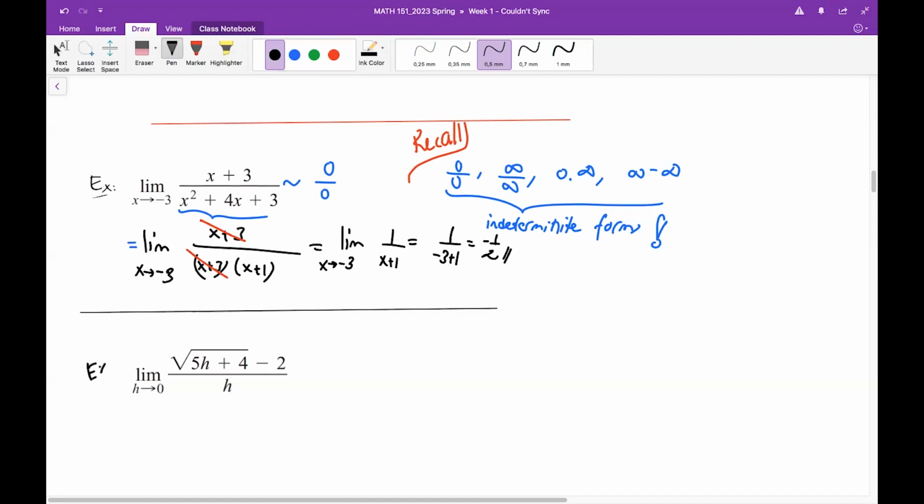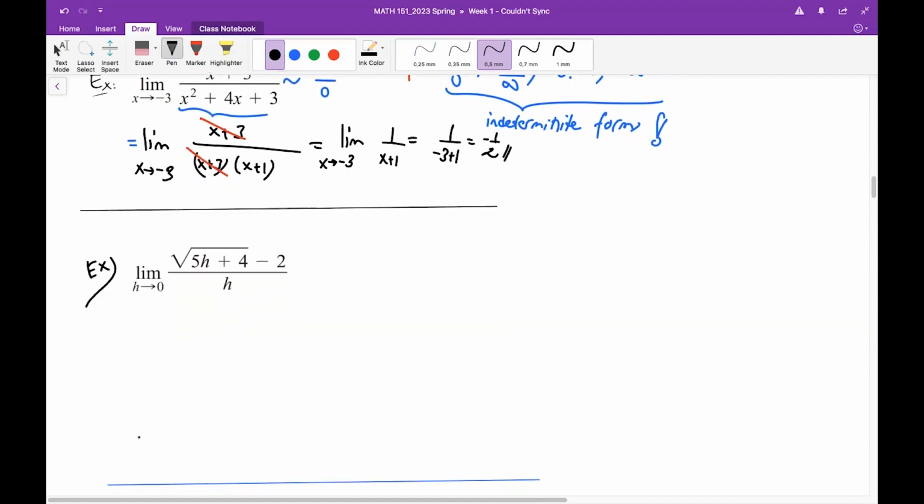Now, let's look at the next case. This time we don't have polynomial over polynomial. Instead we have a square root function. Let's try to insert h goes to 0. If you insert h equals 0 here, the numerator becomes 0, the denominator becomes 0. So this is an indeterminate form, which means that we need to work harder to get rid of it.